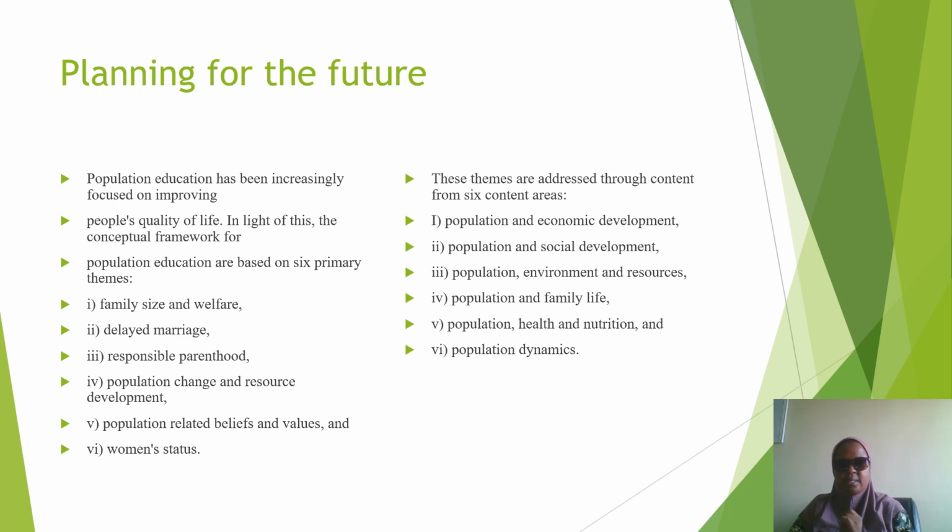And these are family size and welfare. We are saying that in order to plan for a good future, there must be sizable family size, delayed marriage, responsible parenthood. When we say responsible parenthood, it means that you are not giving birth every 9 months.